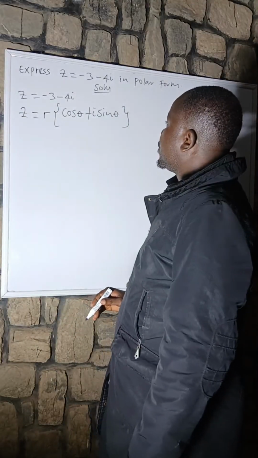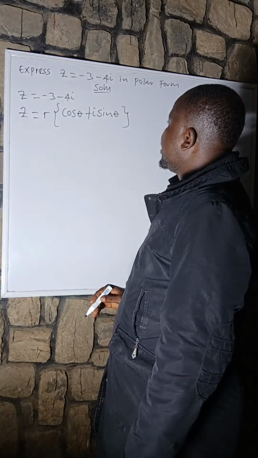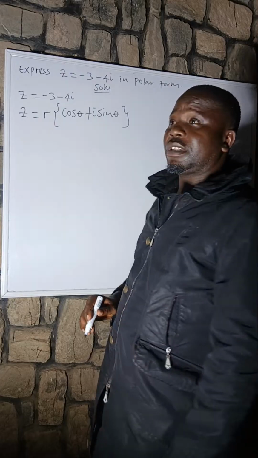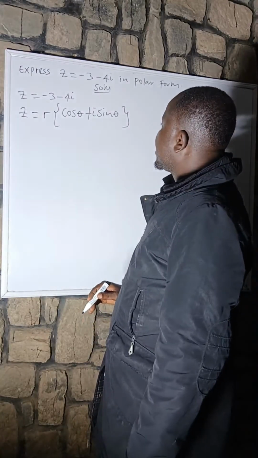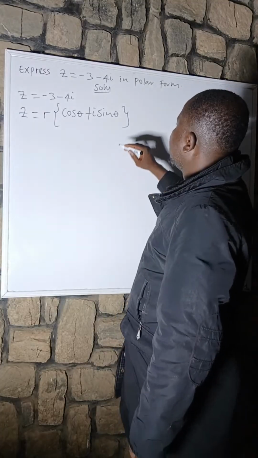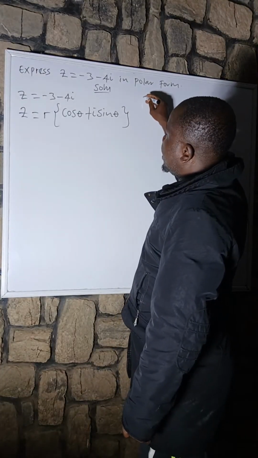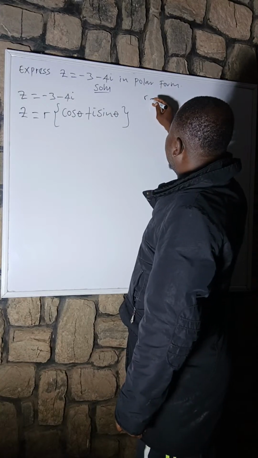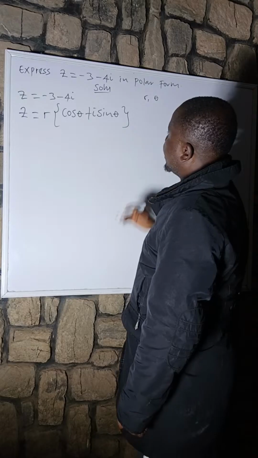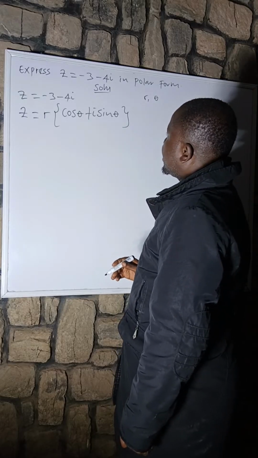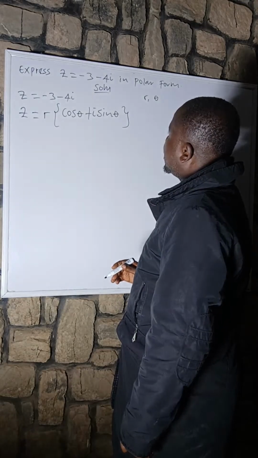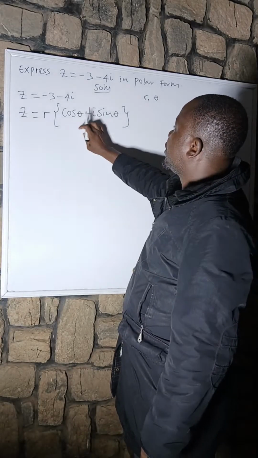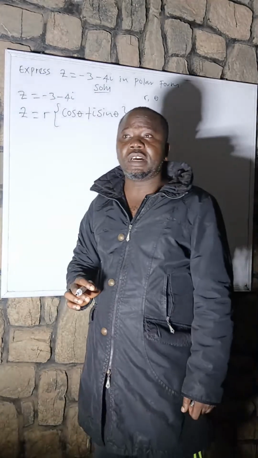So far, so good. So what we need to do here is look for the value of r and theta. Then we substitute these into this polar form.